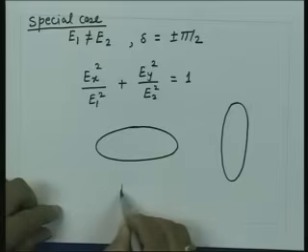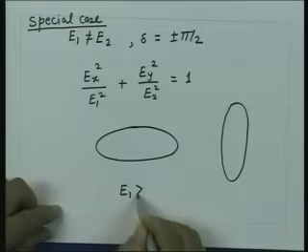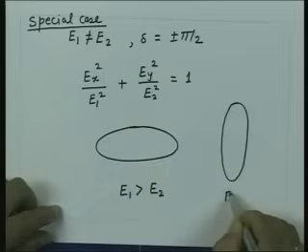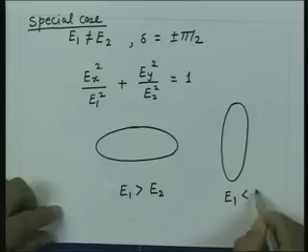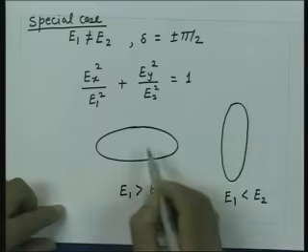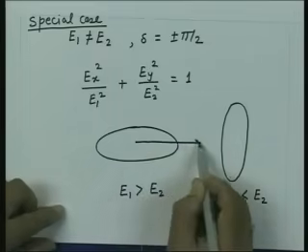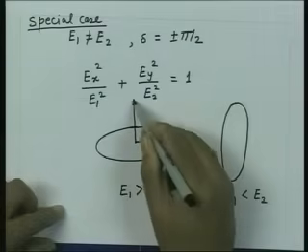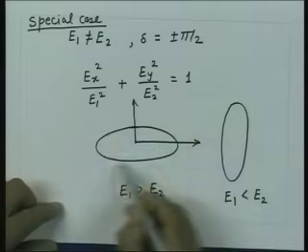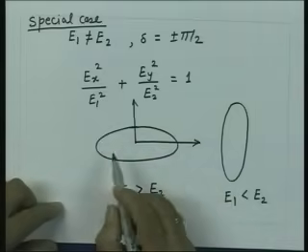If E1 is greater than E2, I will get an ellipse which will look like that. If E1 is less than E2, we get the ellipse which will look like that. But in both the cases, the axes x and y, or Ex and Ey, are oriented along the major and minor axis of this ellipse.